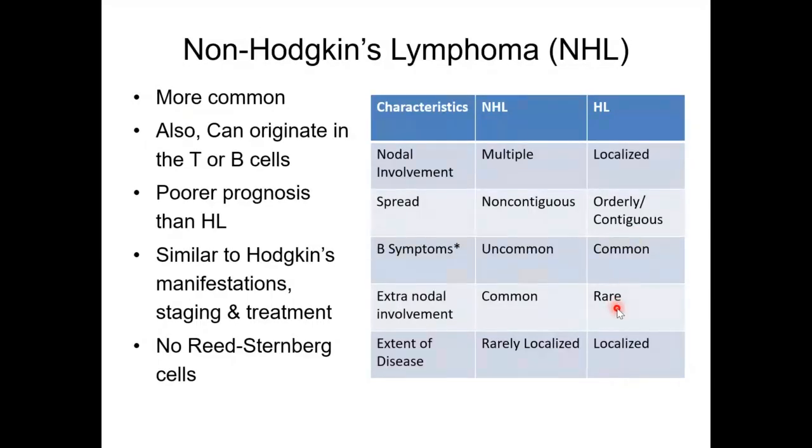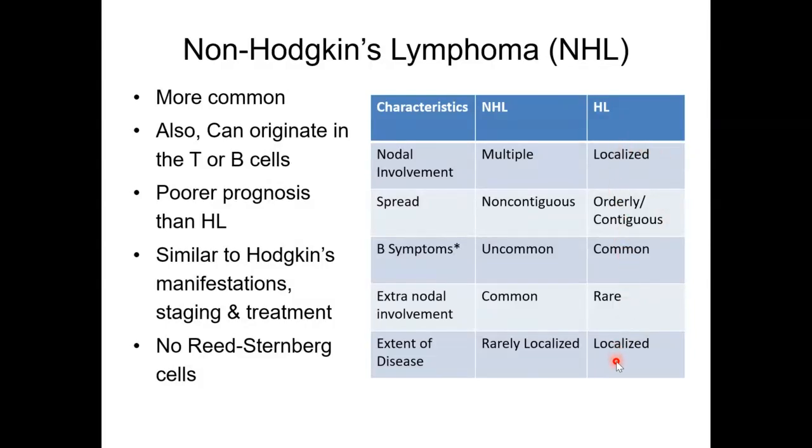Extranodal involvement are rare, meaning lymph nodes. They have it in their head and neck, maybe to their axilla, but it doesn't just spread rampantly through the body. It will, but this is just kind of how it starts.